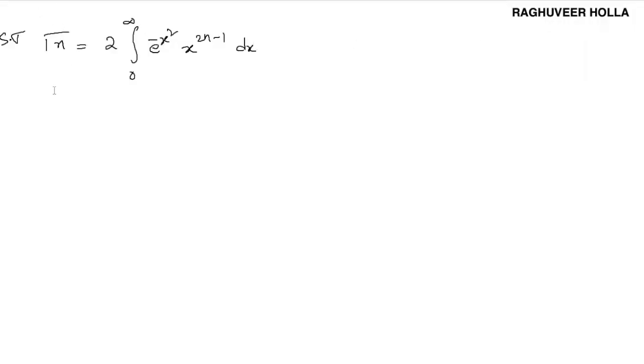So let us show that gamma n is equal to 2 times the integral 0 to infinity e to the power of minus x square x to the power of 2n minus 1 dx. Again we know the gamma function definition, that is gamma n is equal to integral 0 to infinity e to the power of minus x x to the power of n minus 1 dx, right?